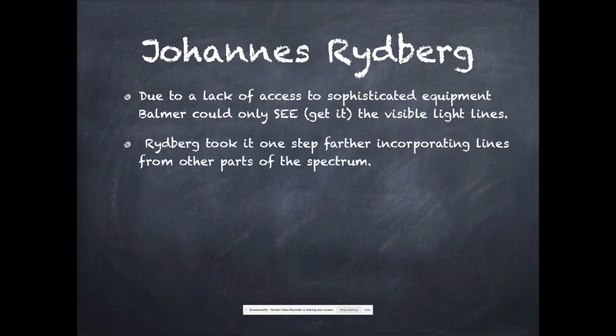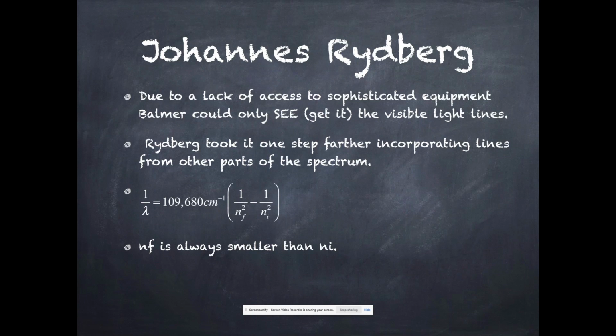Okay? So, he modified the equation. Instead of 1/4 minus 1 over n squared, he said that you would have 1 over n final squared minus 1 over n initial squared. And n final would always be a smaller number than n initial. And that n sub f is the n final, and that n sub i is the n initial.